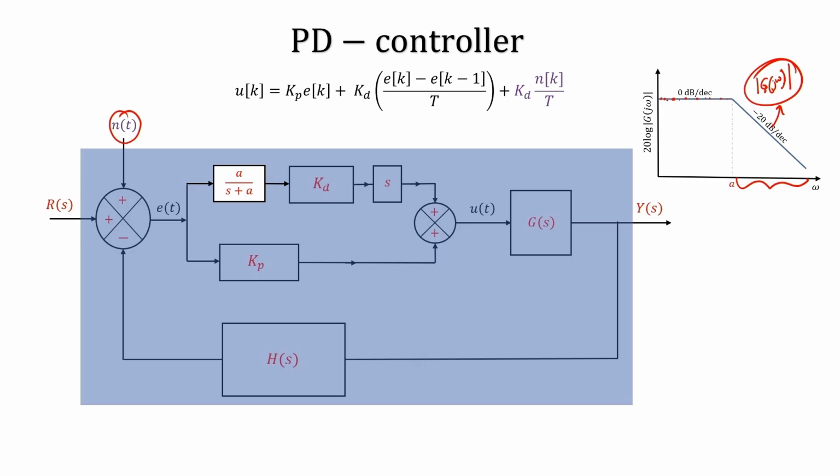When it passes through a low pass filter, noise will get filtered out, and that is the reason we go for this type of setup. This is a solution. So, when you implement a PD controller, you do not just implement a D part and a P part. You also add a low pass filter with the derivative part of the PD controller, so that you keep a check on the noise in the system.